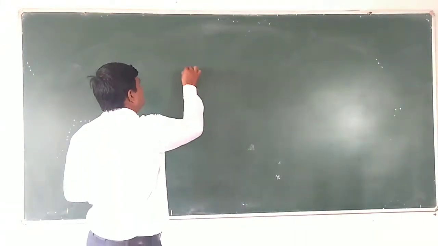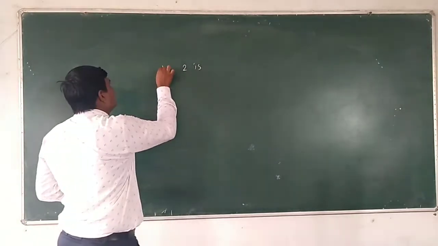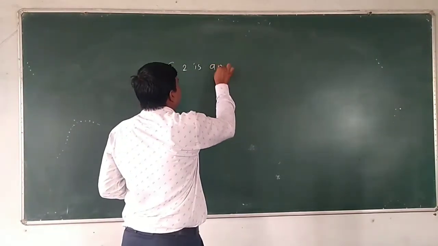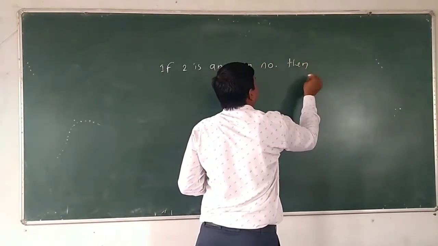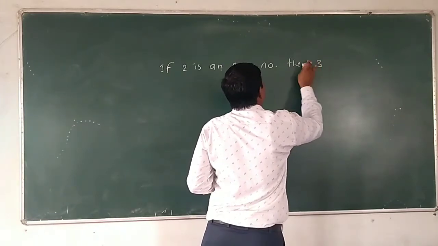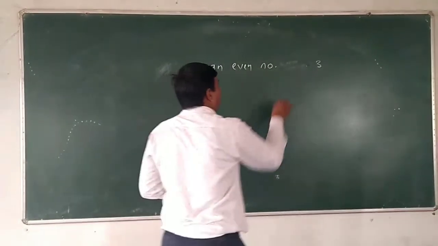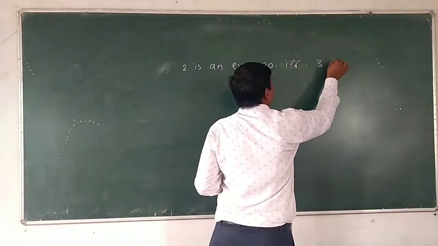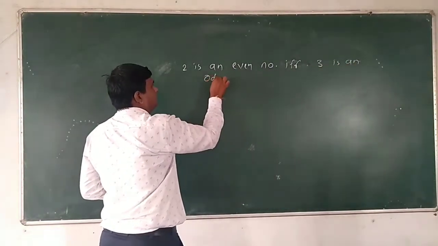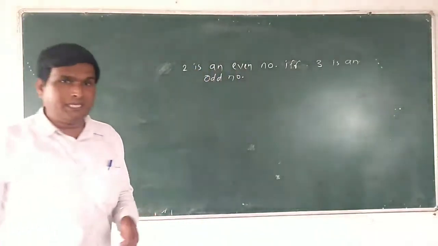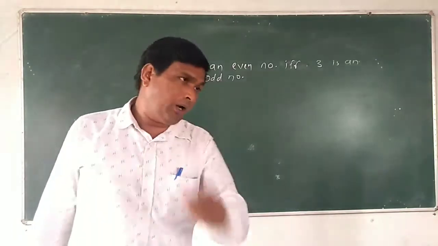Consider the example: 2 is an even number if and only if 3 is an odd number.